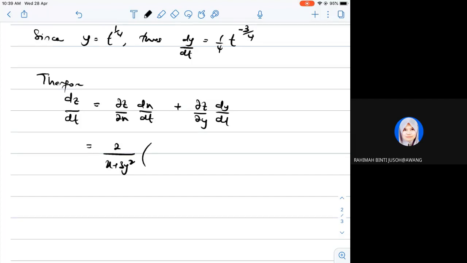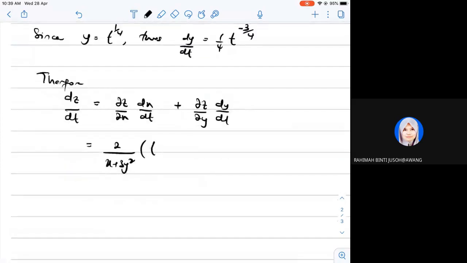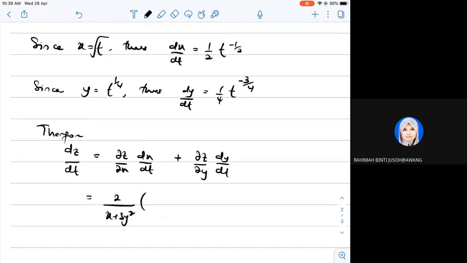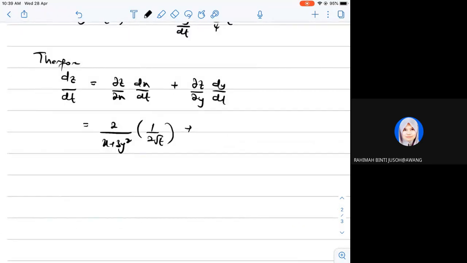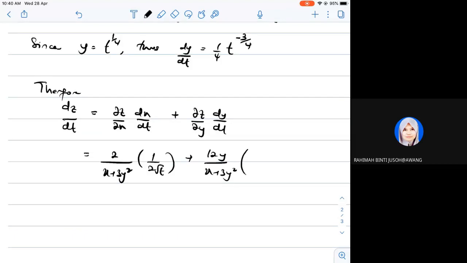Multiply with dx over dt is 1 over 2. Itulah. 1 over 2 square root T lah, senang saya bawa ke bawah. Macam tu. This is equivalent to 1 over 2 square root T like this. Okay, plus 12y over x plus 3y squared multiply with 1 over 4 t to the power of negative 3 over 4.